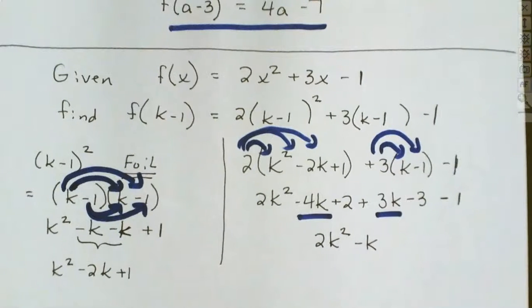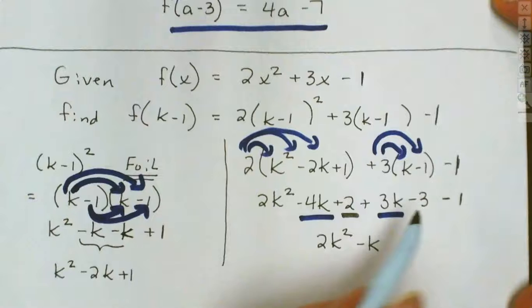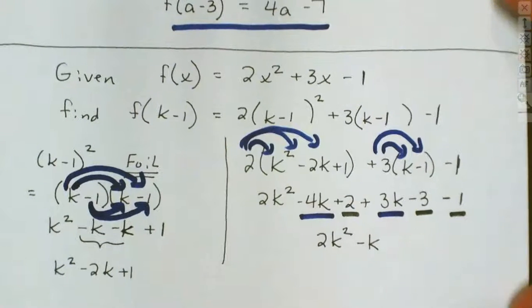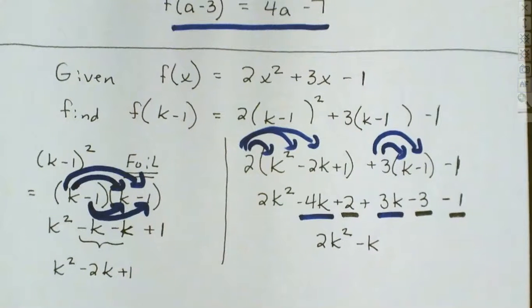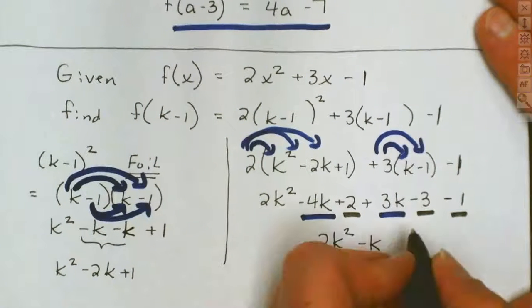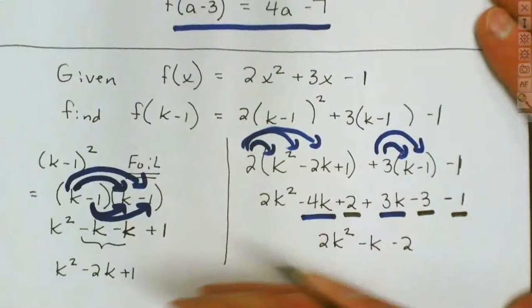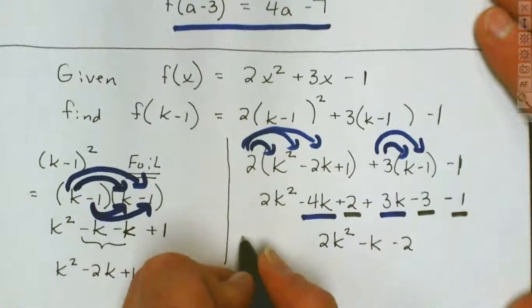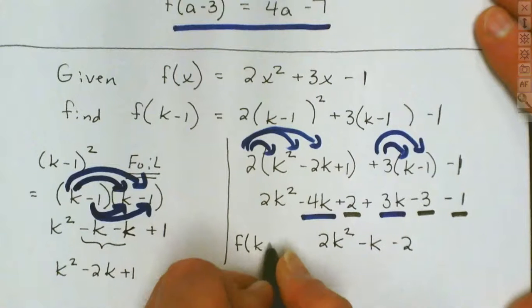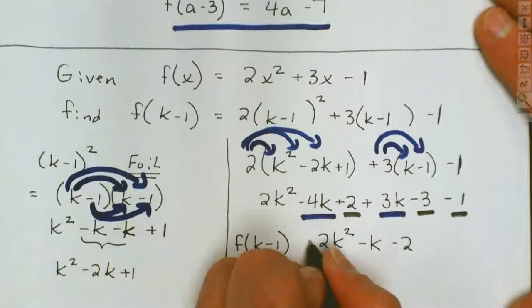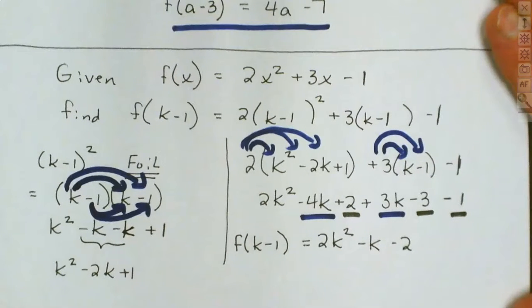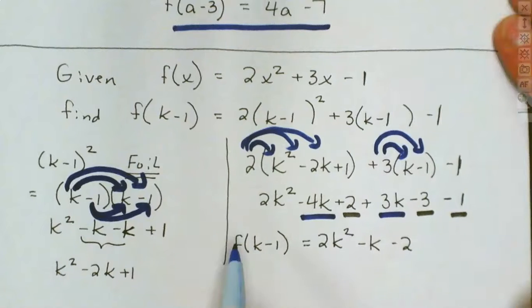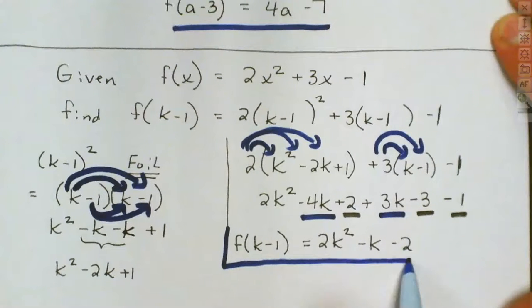So what do we have for our numbers? We have a 2, a minus 3, and a minus 1. So 2 minus 3 is a minus 1. Minus another 1 makes it a minus 2, doesn't it? And that's your final answer. And that is f of k minus 1. And that would be your final answer there.